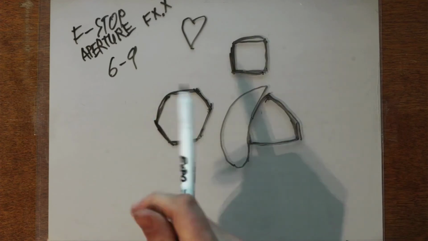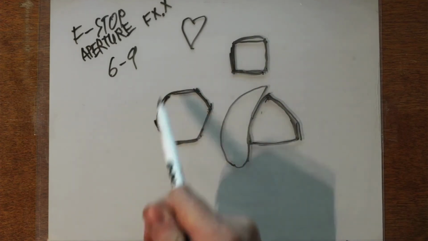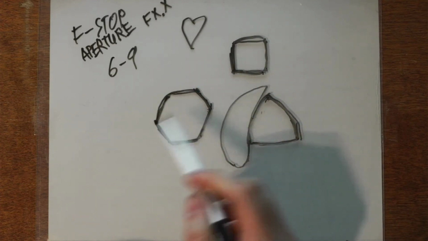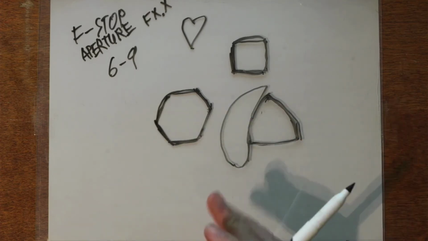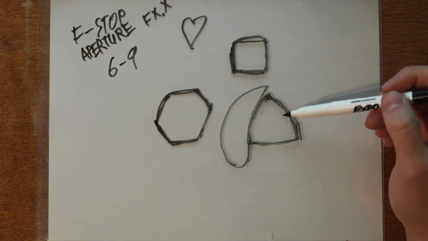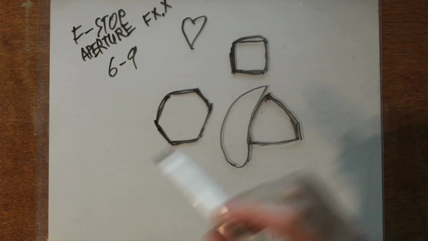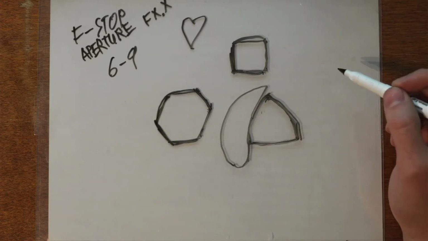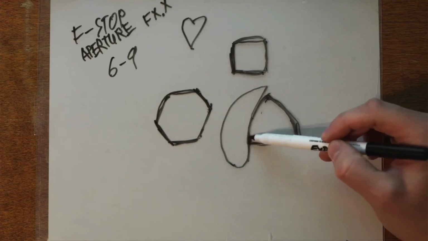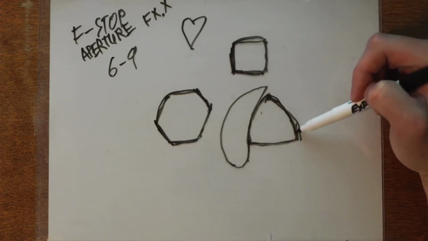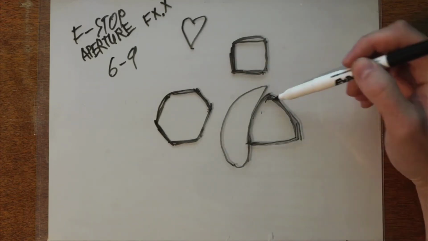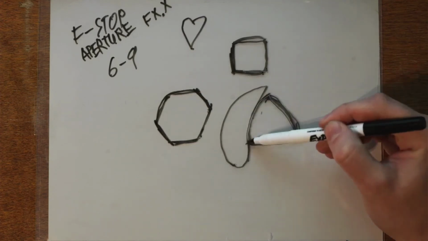Now, not only do these shapes affect the shape of the out of focus spots, but they also change the shape of the lens flares. You can actually count how many elements are in some lenses by how many lens flares there are. And you can tell the shape of the aperture based on the lens flare.